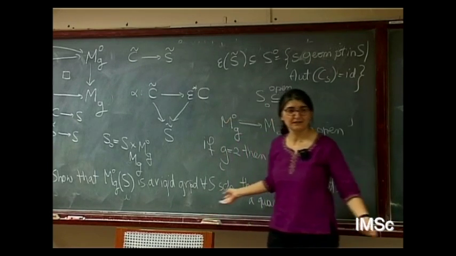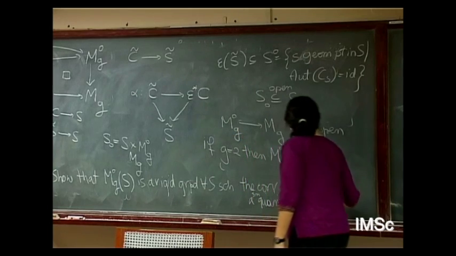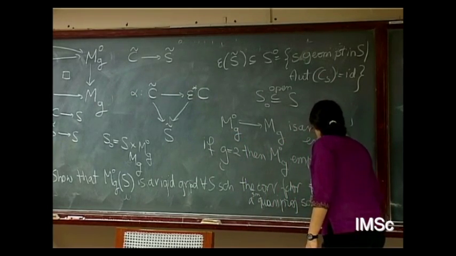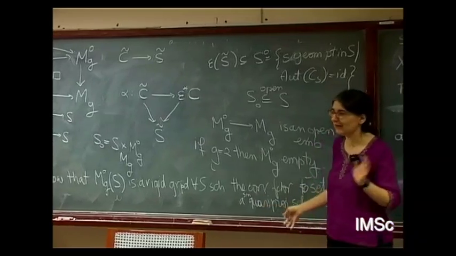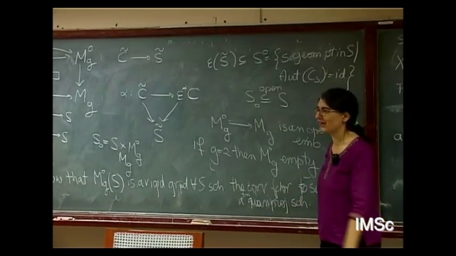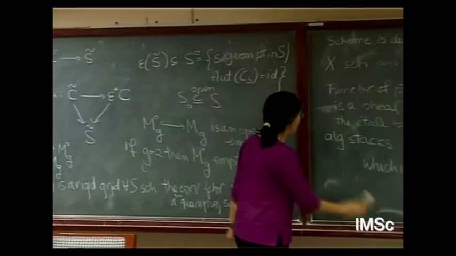So this is a smooth quasi-projective scheme of dimension 3G minus 3, except it's empty if G is equal to 2. But you know, the empty set is still smooth and quasi-projective. It's just not a very interesting set.